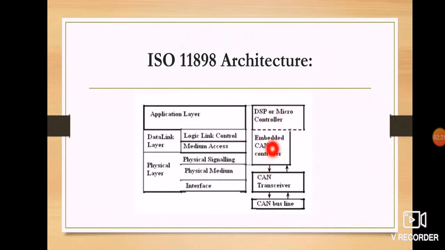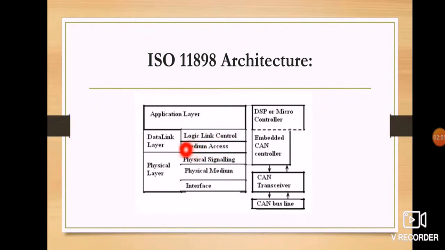This CAN embedded microcontroller can be accommodated with the help of these two layers, the physical layer and the data link layer. The physical layer is mainly for the interface, that is, however we take the CAN data from the CAN bus, it goes through the medium as well as the signaling of the data. Once the data has been successfully transmitted, it goes to the medium access, that is the target device, then the logic link control.